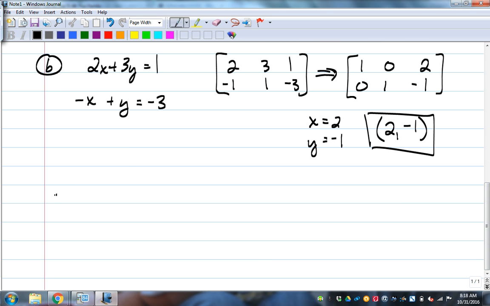All right. Example C. 2x plus y equals 5. And let's say we had 4x minus 8 equals negative 2y. What's different about this example compared to the previous one?